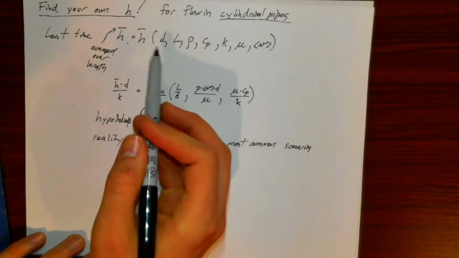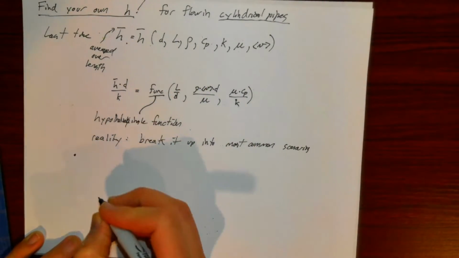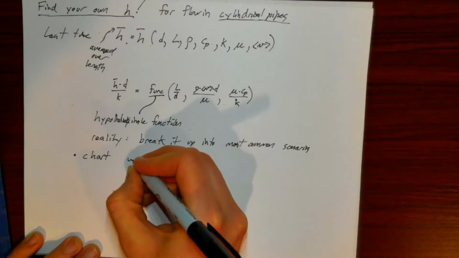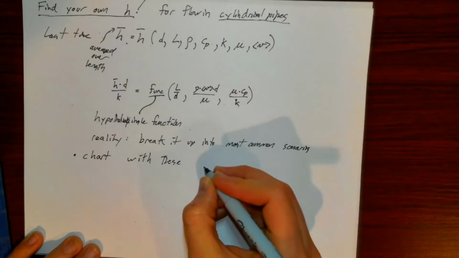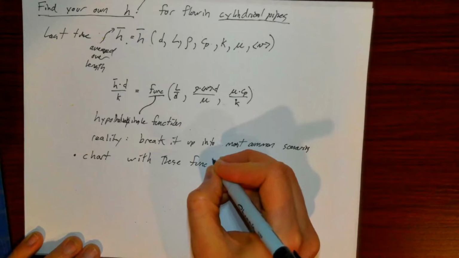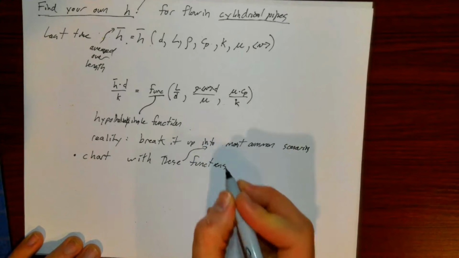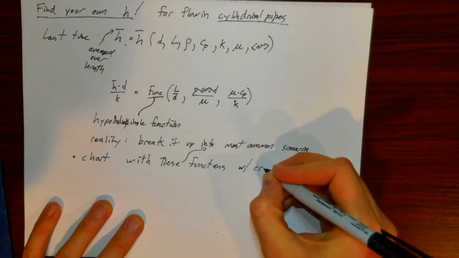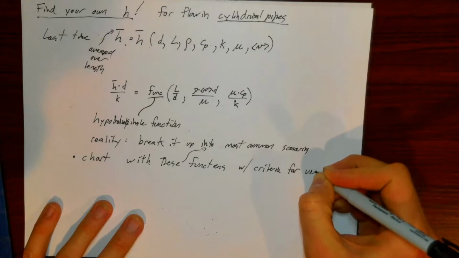So where are we going? We want to be able to find our own h. So one of the first things that we're going to do is build a chart with these functions. We're going to break it up into these simple functions with the criteria for their use.